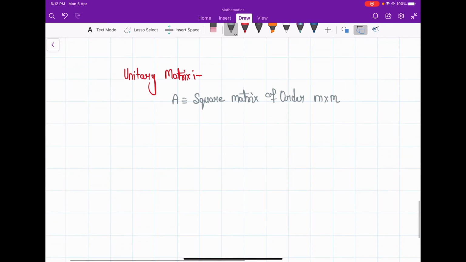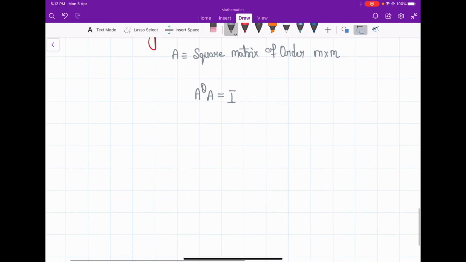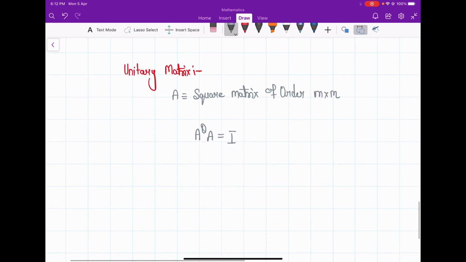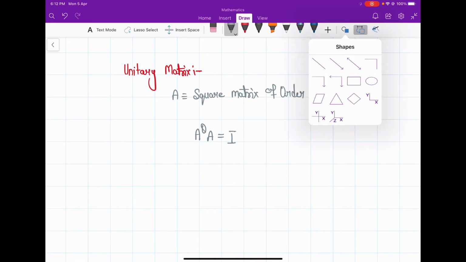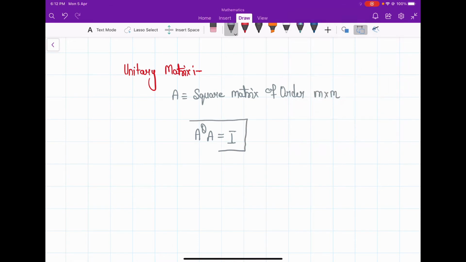If A theta A is the identity matrix, then A will be called a unitary matrix. So this is the condition for a unitary matrix.